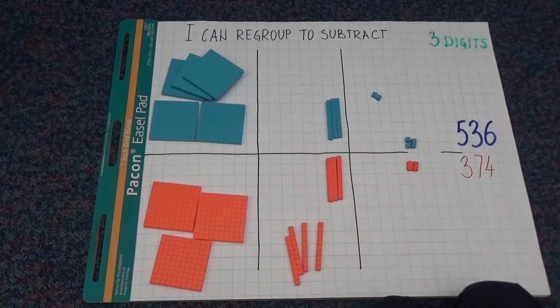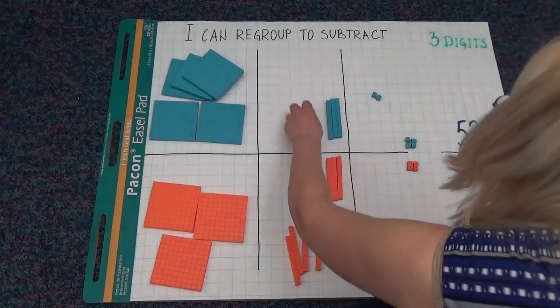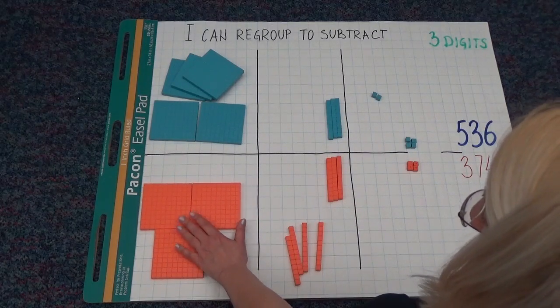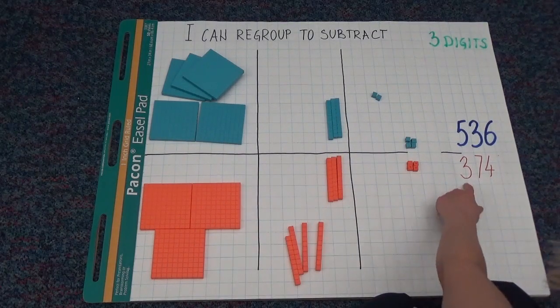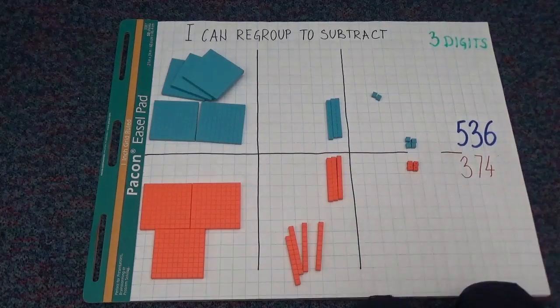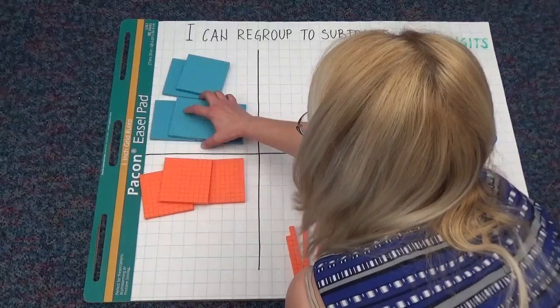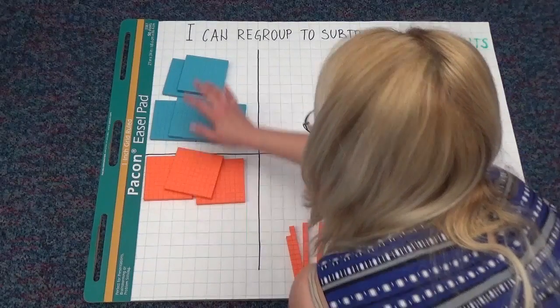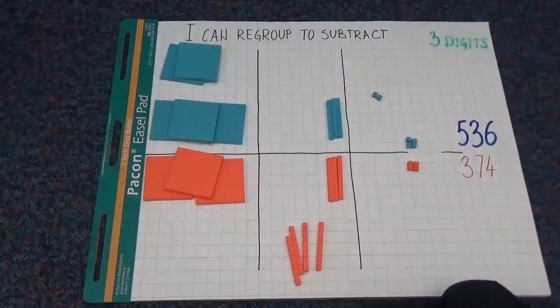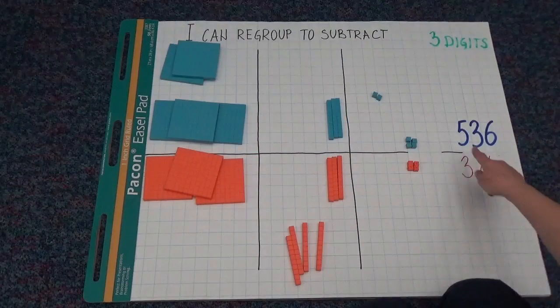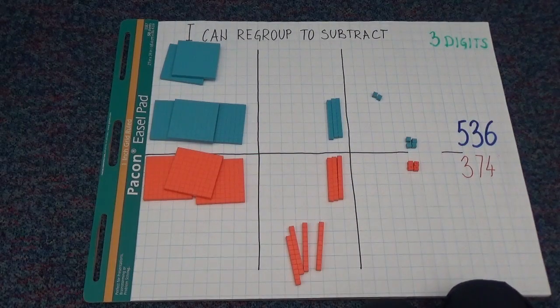There's nothing to match in the tens. And we have 3 orange flats, which is 300, and 5 blue flats. So why don't we match what we can, which is 3 orange with 3 blue. And we have 2 hundreds left in the blue.